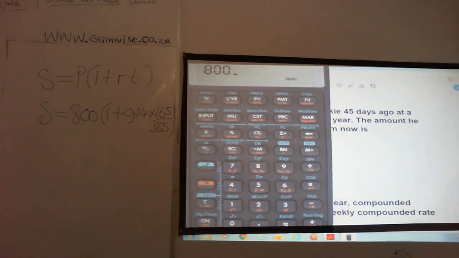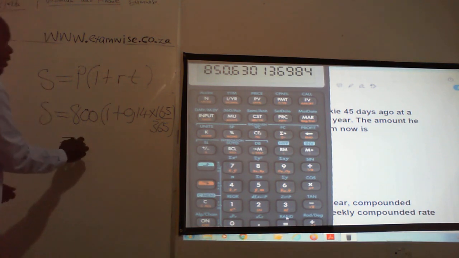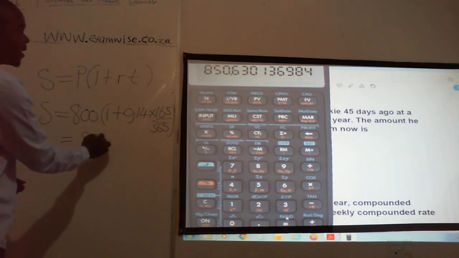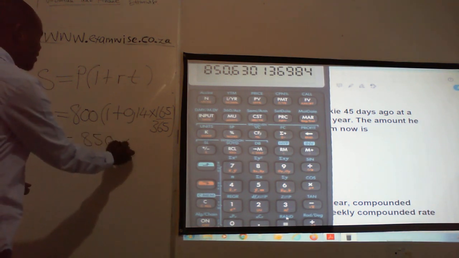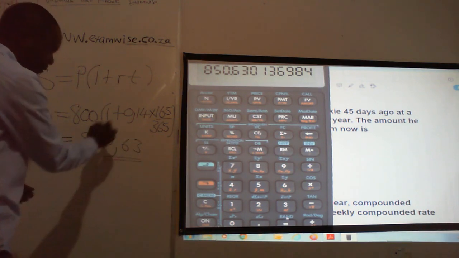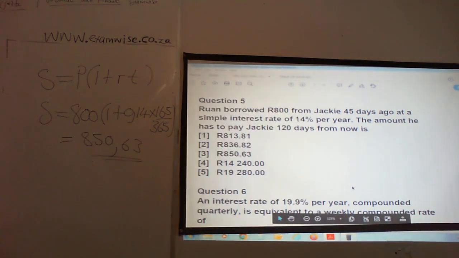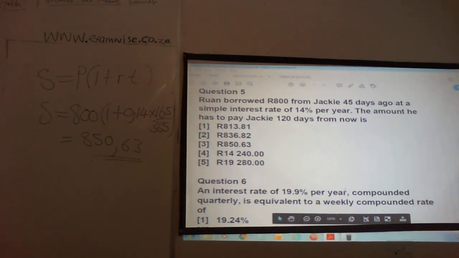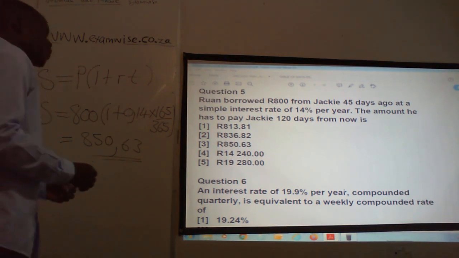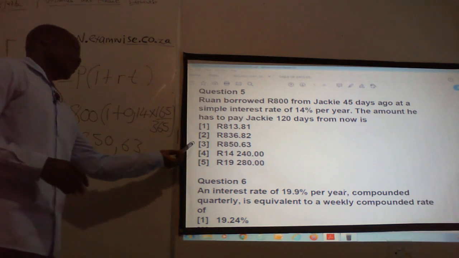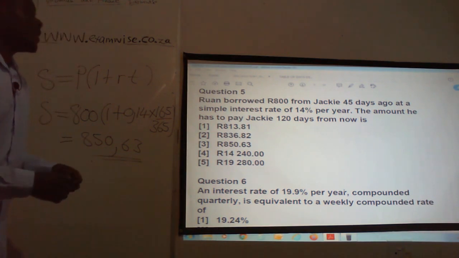Brackets means multiplication, and then equals. So the future value here will be 850.63. That is the amount that will be paid 120 days from now. So our correct option is option number 3.